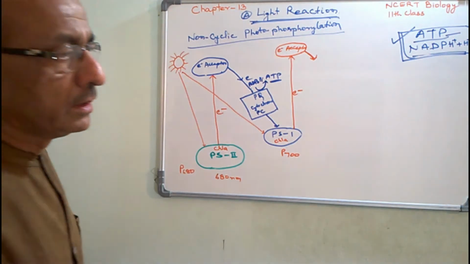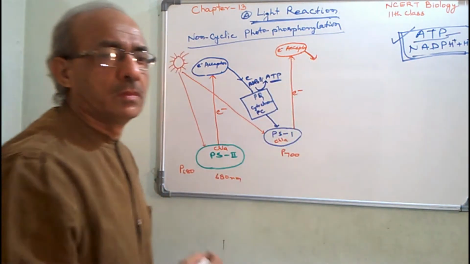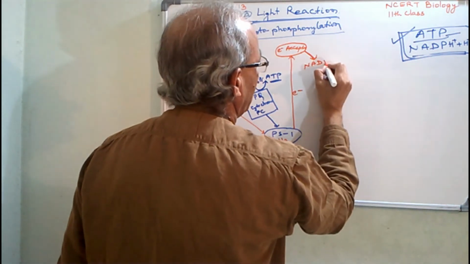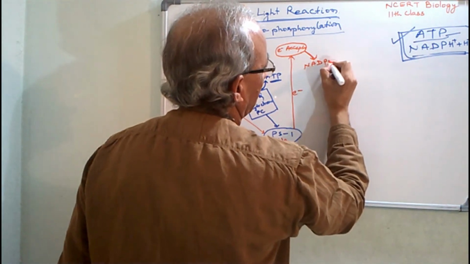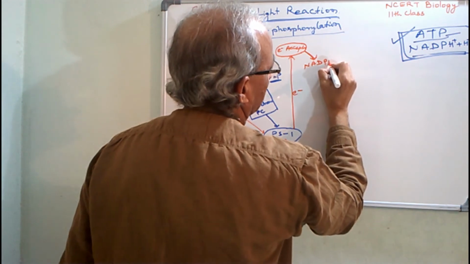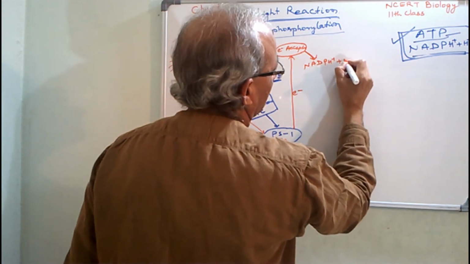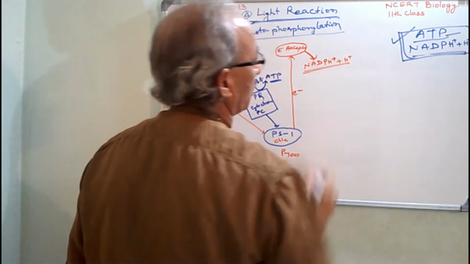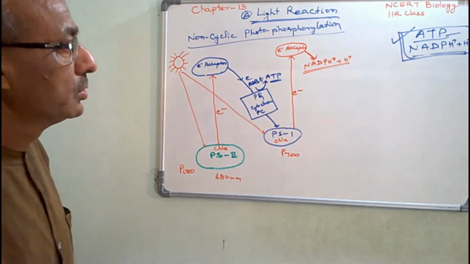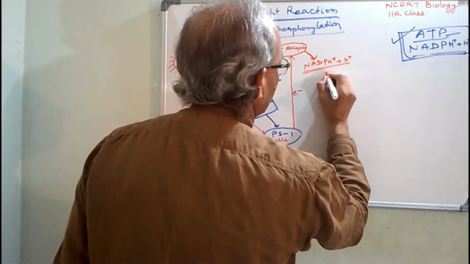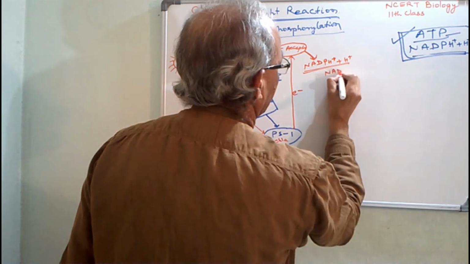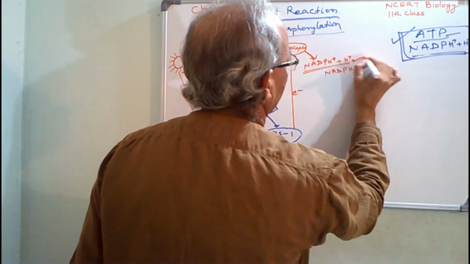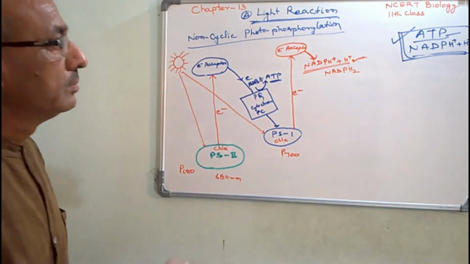And here reduction of NADP takes place, and in this way this reducing agent is produced. It may also be written like this, but generally we write it this way.